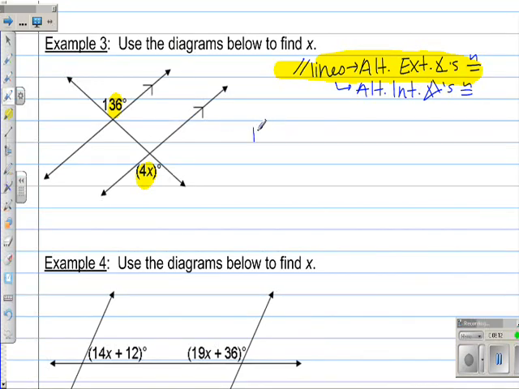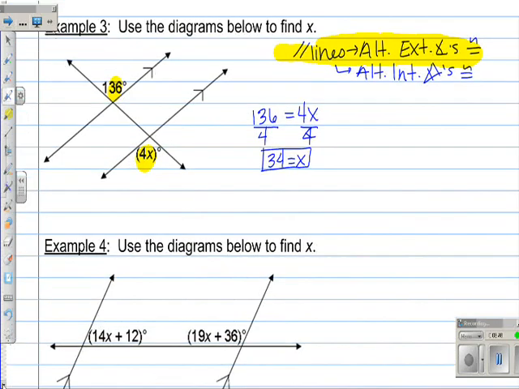So I know that 136 degrees equals 4x degrees, 34 equals x. And again, you can plug that back into your 4x. 4 times 34 should give you 136 to show that they're congruent, and check your answer.